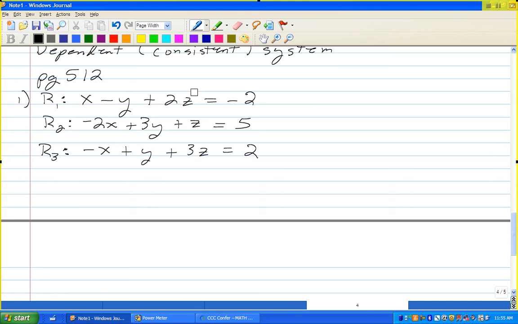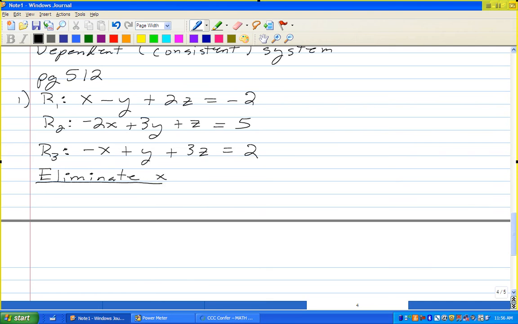So let me eliminate x. There's no real advantage because all the numbers are very similar, because you have a 1 in front of the x and small numbers in front of the other x's. You have a 1 in front of the y and small numbers in front of the y's. You have a 1 in front of the z and small numbers in front of the z. So it really doesn't matter which one I use.